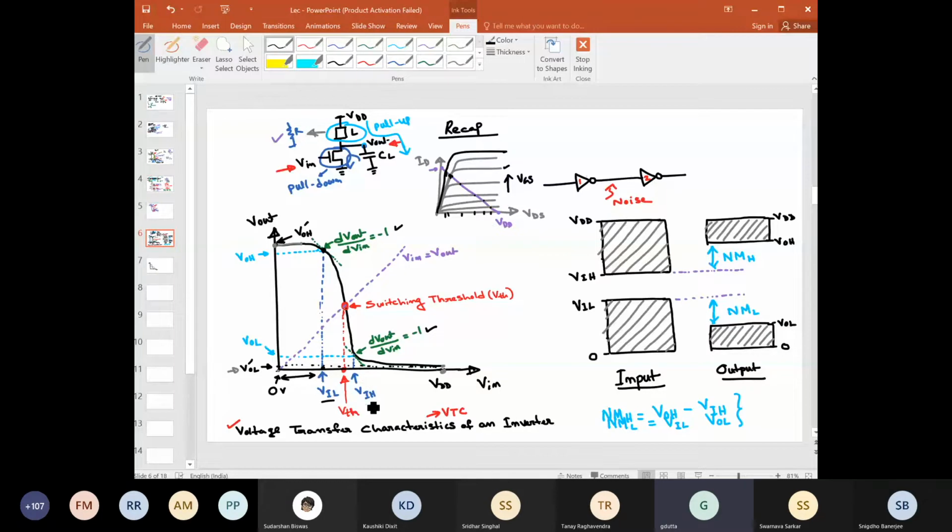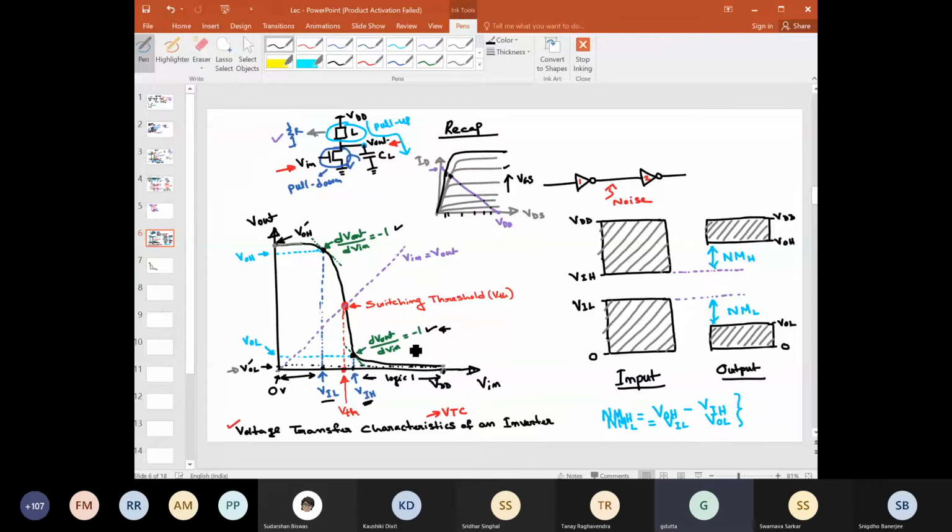Similarly, for another point, this one, we have denoted this term by VIH. So what is this VIH? From VIH till VDD, any input voltage can be considered as logic 1, because for any voltage within this range, the output logic is expected to be 0, or the output voltage is expected to be low, right?